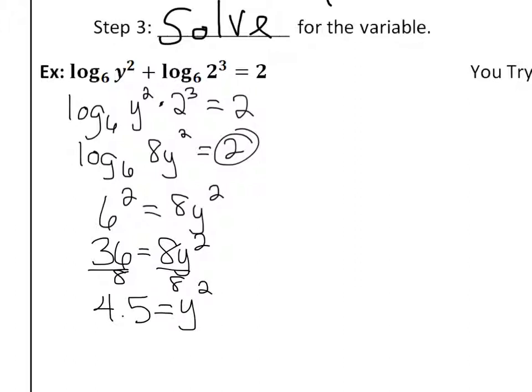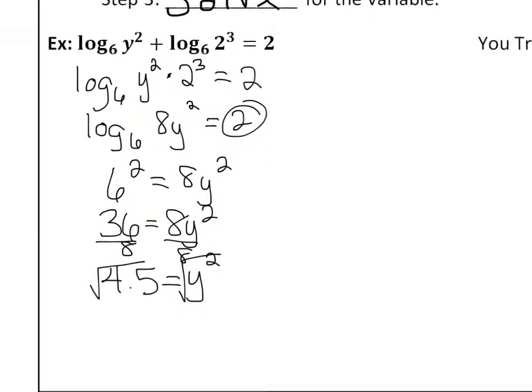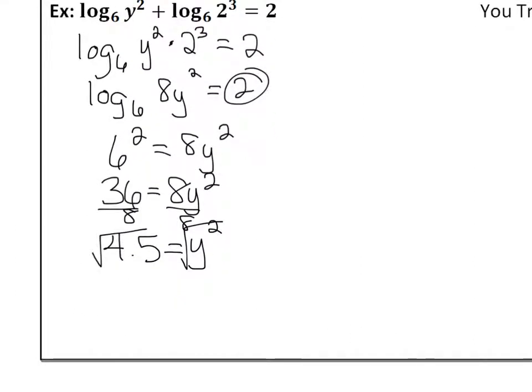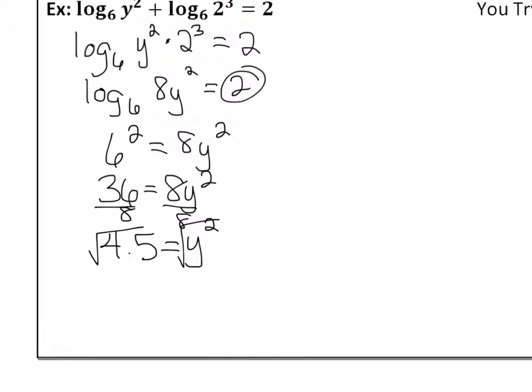And the opposite of squaring something is to take the square root. Now, if you take the square root of 4.5, you're going to get a continuing decimal. So we're just going to round it to the 100th. So y is approximately 2.12. And again, problems like this, the directions would tell you where to round to.